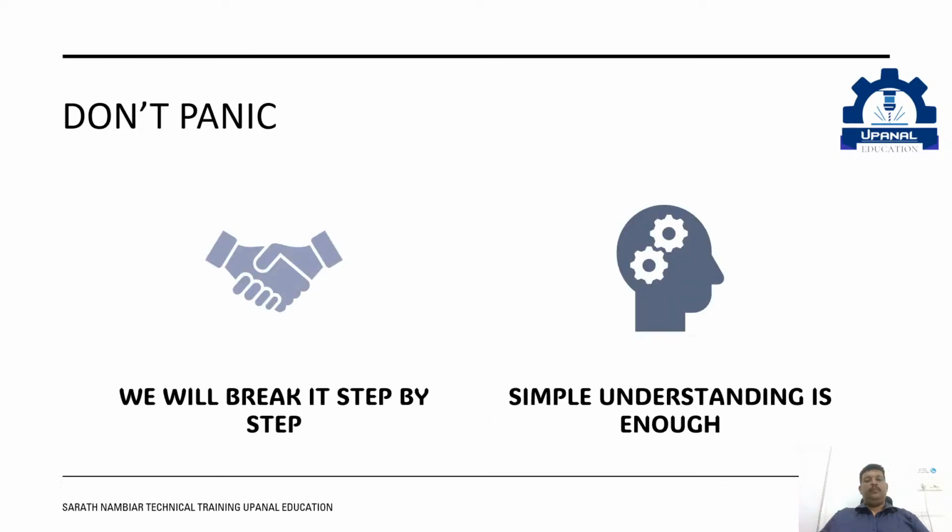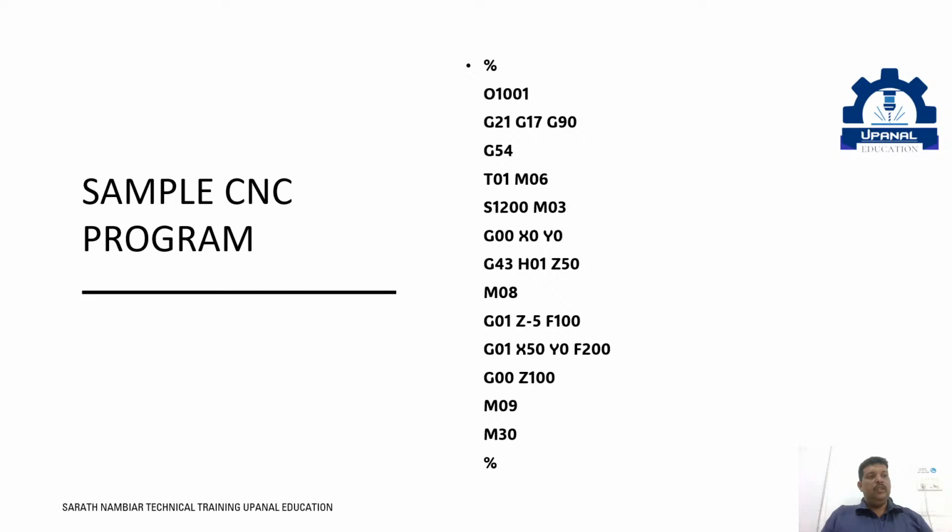Now let's look at something slightly more realistic, with a few more elements that we use in the industry. We are not going to learn everything here. We're just going to understand what is happening. Let's look at it slowly. The program starts with a percentage symbol, then a program number, then some setup codes.